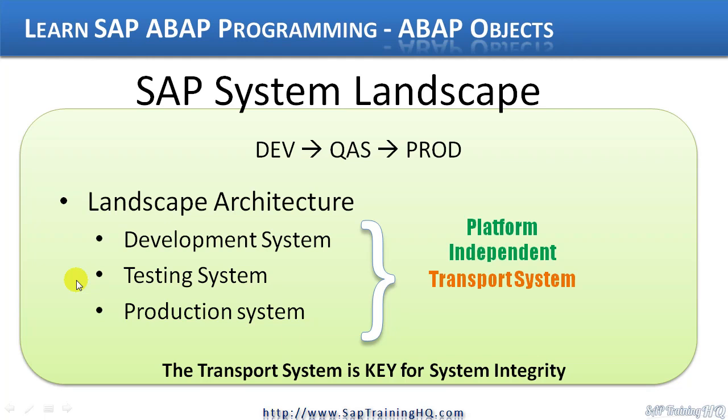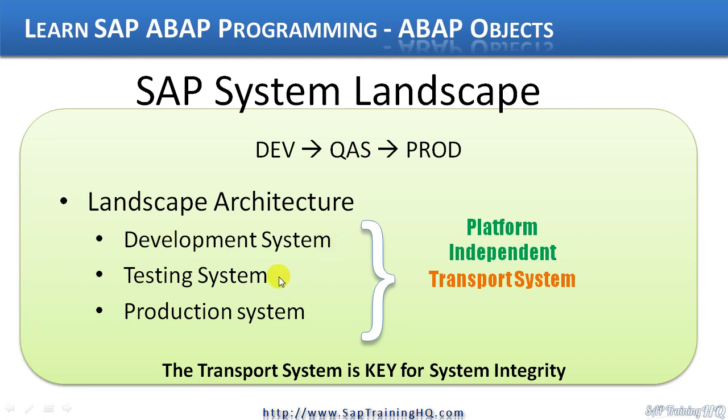Okay, so we have a development environment, a system that we can create our programs on, do our testing, and make sure our code is working as well as we can make it work before we send it on to the next system, which is typically a testing system. As you can see, we have our development system, we have our testing system.